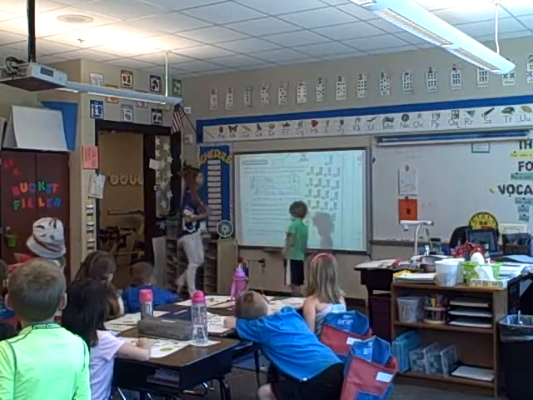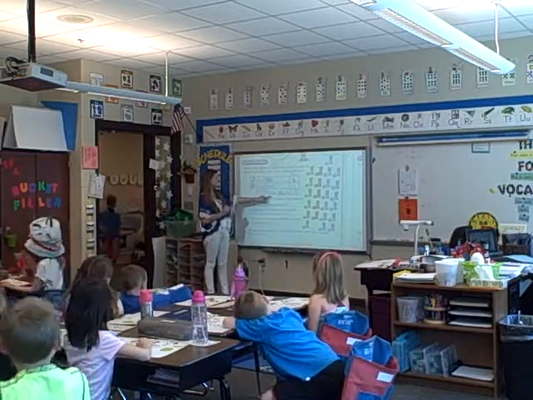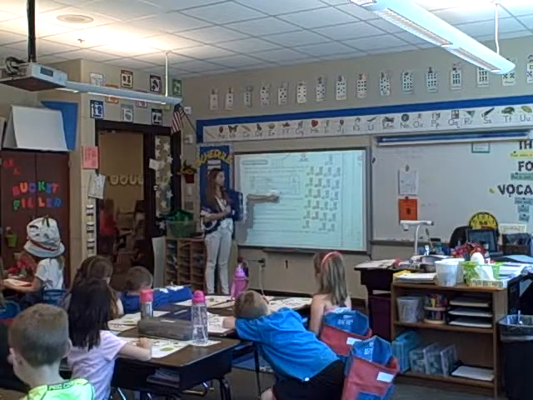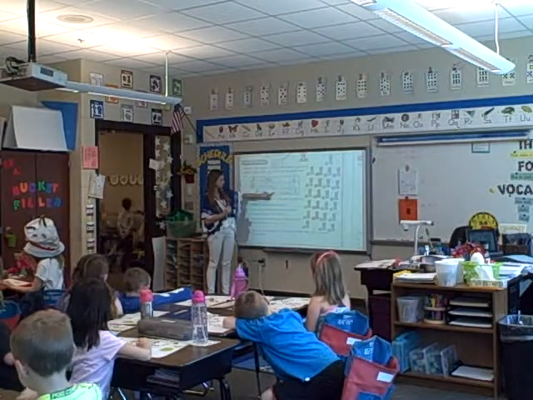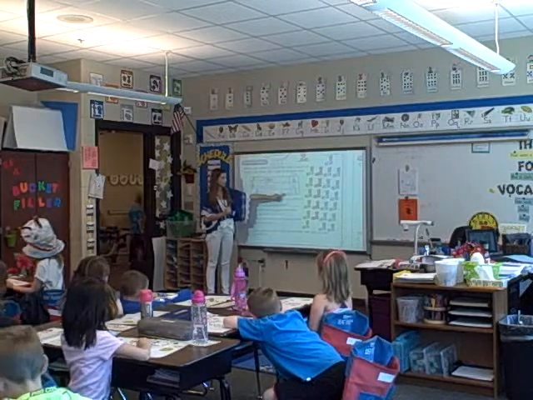Perfect. He found 13 socks, and he did his tally marks like this. He did a group of 5, and another group of 5. Oops. And then 3. So it's 5, 10, 11, 12, 13.